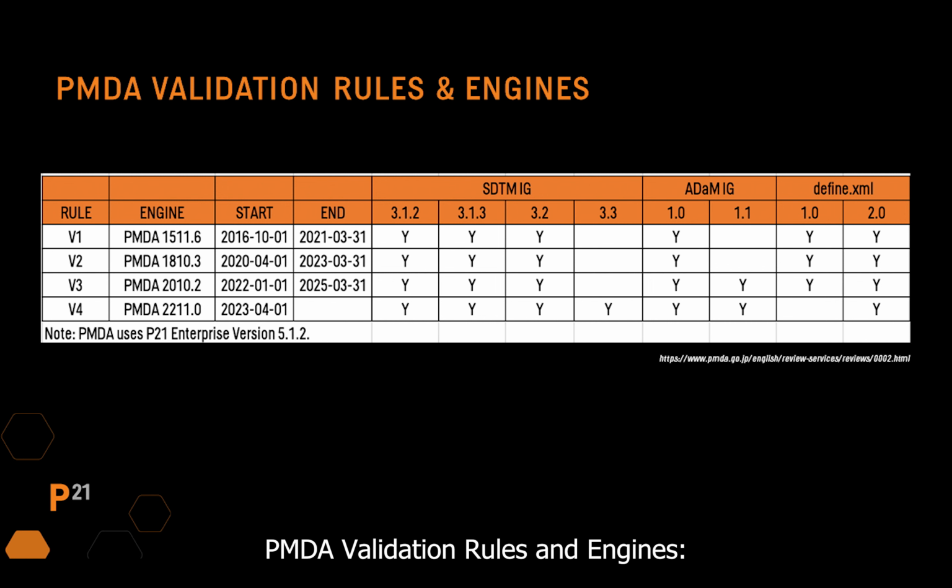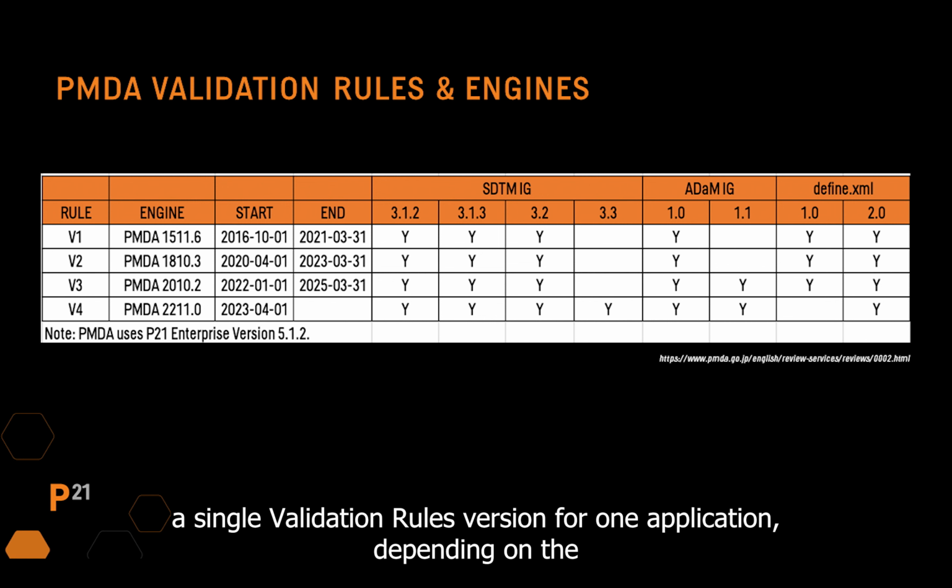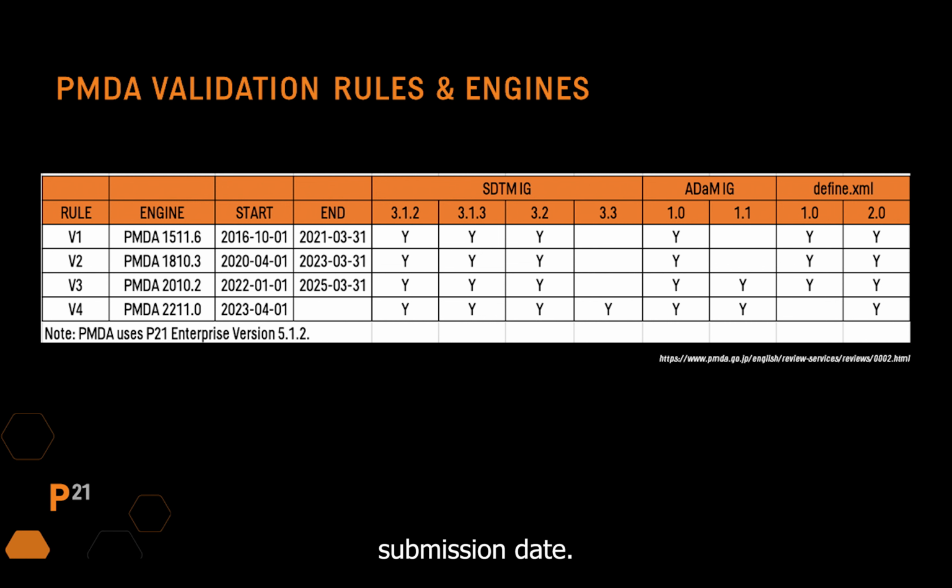PMDA validation rule and its engines. There are 4 PMDA validation rule versions. The sponsor may choose a single validation rule for one application depending on its submission date. If the application date is between the start date and end date, you can select that engine.